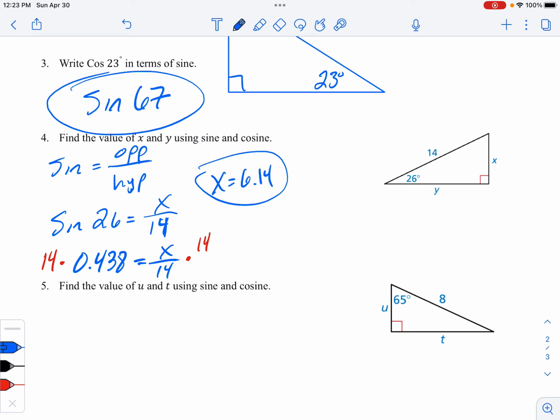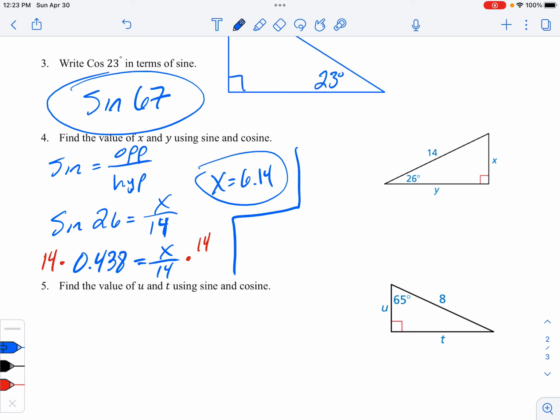We're going to do the same thing for y. And now we're going to use the same angle, 26. Now y is the adjacent side, and 14 is the hypotenuse. So this tells me that the function I want to use is going to be cosine, because cosine is adjacent over hypotenuse.